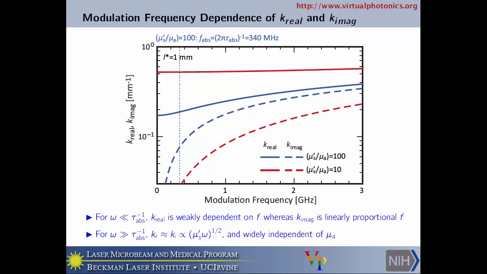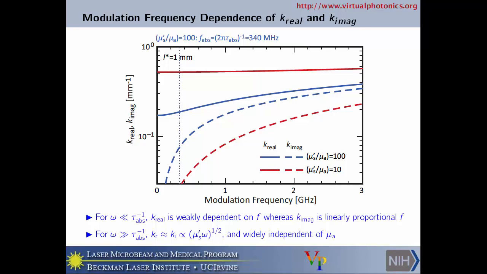So here I've chosen a mu A of 0.01 that corresponds to an absorption relaxation frequency of about 350 megahertz. So you start to see that this is fairly flat, and then you start to grow in your damping of the wave. So essentially you penetrate very, very deeply in tissue, but you start to attenuate slightly more once you are using modulation frequencies that are a bit higher than the corresponding absorption relaxation time.